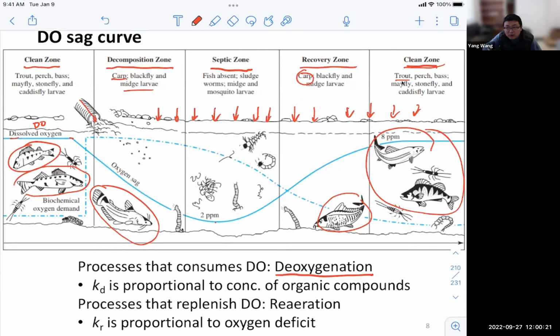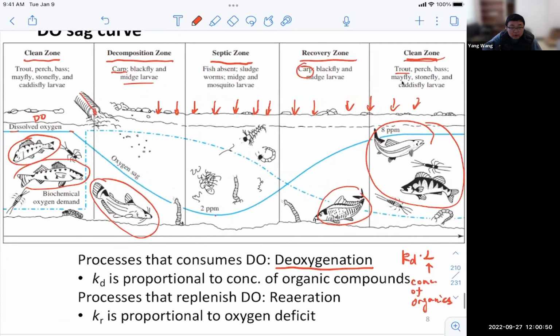Consuming the organics requires oxygen, so this is deoxygenation. Its rate is going to be dependent on the deoxygenation rate constant and also the concentration of the organics. Let's say this is the concentration of organics.